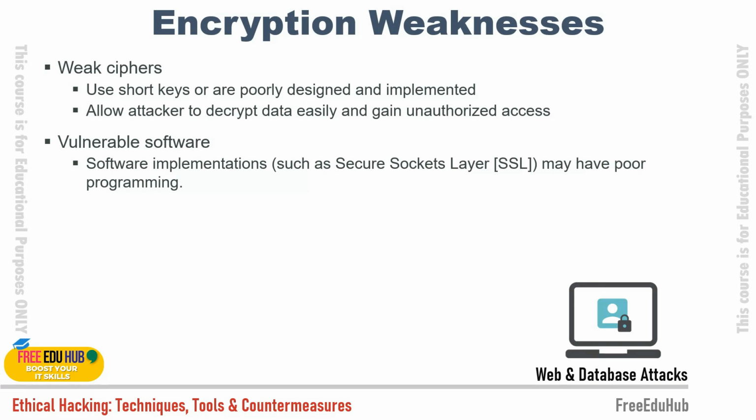Weak ciphers are coding algorithms that use short keys or are poorly designed or poorly implemented, and such weak ciphers can allow the attacker to decrypt the data easily and gain unauthorized access to the information, etc. When we talk about vulnerable software, some software implementations that encrypt the transmission of data, such as SSL, may suffer from poor programming. The consequence is that they may be vulnerable to attacks such as buffer overflow, etc.